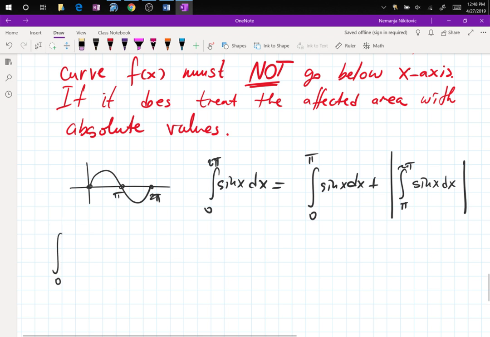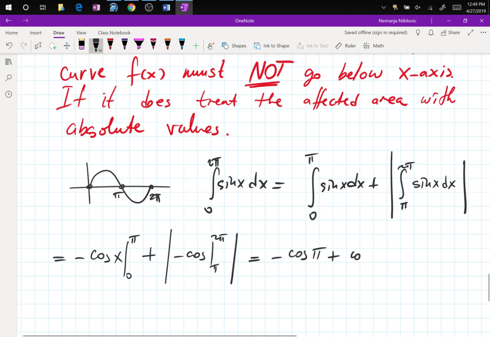So now, if I recompute my sine, I get 0 to pi, when I integrate. So when I compute this now, I have negative cosine x from 0 to pi plus the absolute value of negative cosine from pi to 2 pi. So I have negative cosine of pi, minus and minus give me plus cosine of 0.